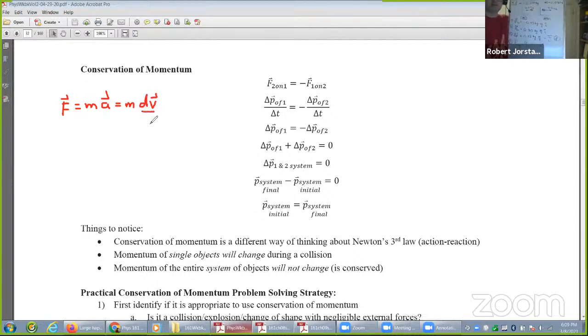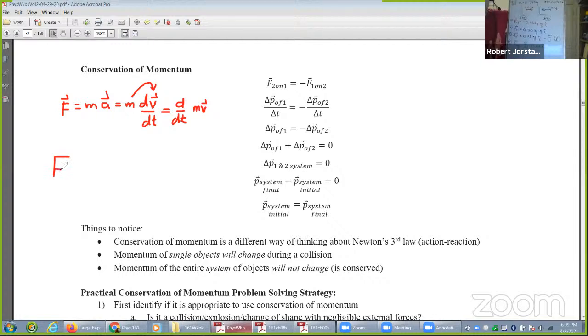Yeah, it is, right? But wait, I'm going to cheat and pretend mass is constant all the time and pop it in here. Well, that's just d/dt of mv.